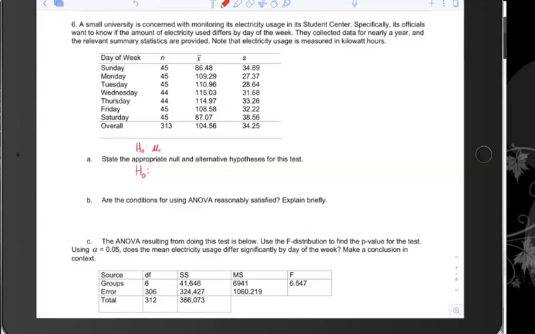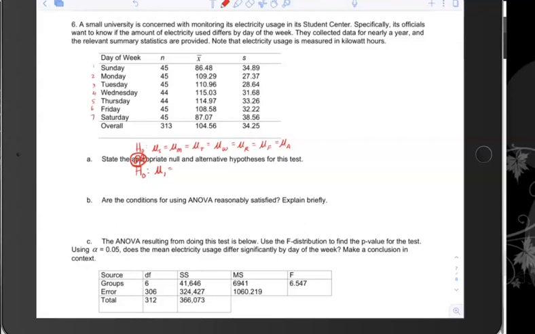You could do mu s, Sunday, equals mu m, Monday, equals mu t, Tuesday, equals mu w, Wednesday, equals mu r, Thursday, equals mu f, Friday, equals, maybe mu a for Saturday. You could do that. Or you could just say this is going to be 1, 2, 3, 4, 5, 6, 7.